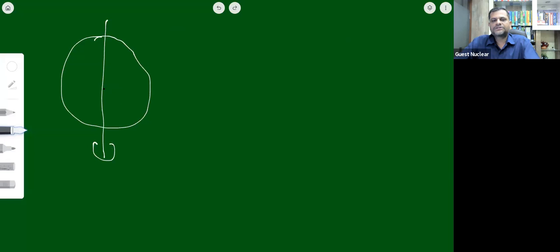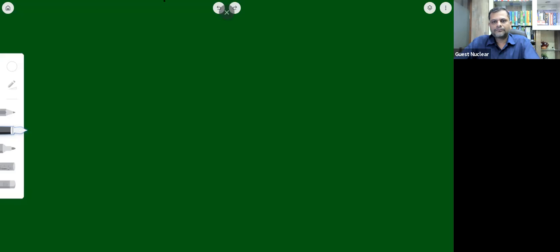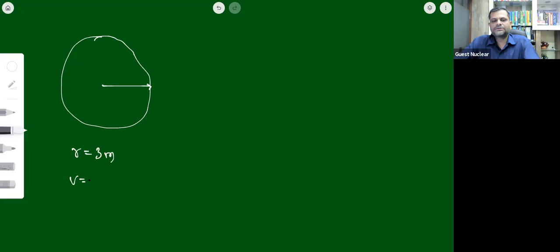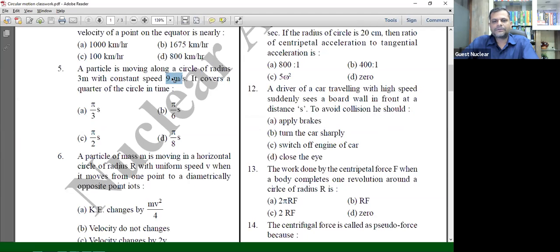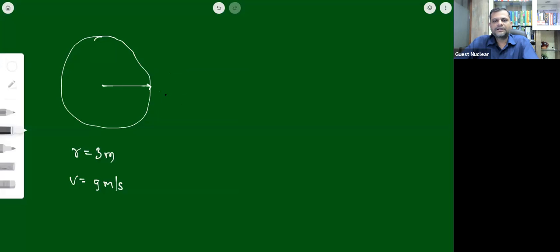See here, if suppose this is the circle and ये suppose circular motion परफॉर्म हो रहा है, तो उसका रेडियस दिया हुआ है 3 मीटर और स्पीड जो दिया है वो है 9 मीटर पर सेकेंड, करेक्ट है ना? देखो 9 मीटर पर सेकेंड इज द स्पीड एंड रेडियस इज 3 मीटर्स। ओके, सो इससे हम पता कर सकते हैं कि टाइम पीरियड ऑफ द पार्टिकल इज गिवन बाय द फॉर्मूला 2 पाई r अपॉन v, करेक्ट है?